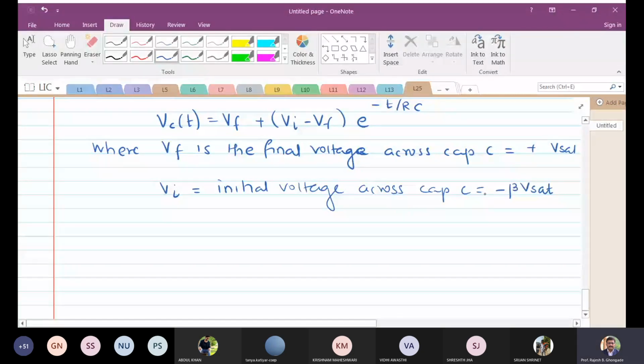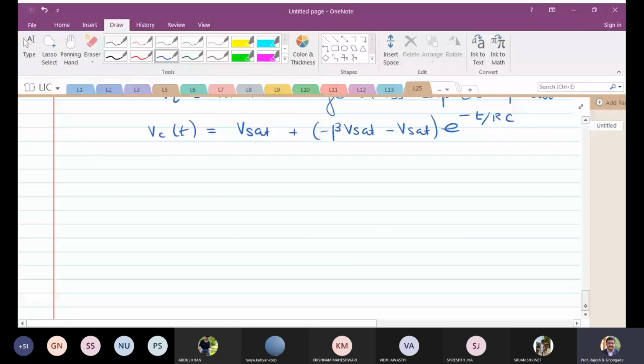So it is starting to charge towards Vsat. Please remember that. Okay. So I can put down these values. This equation will give me Vsat plus (minus beta Vsat minus Vsat) into e to the power minus T by RC. This is a standard equation for charging of a capacitor.